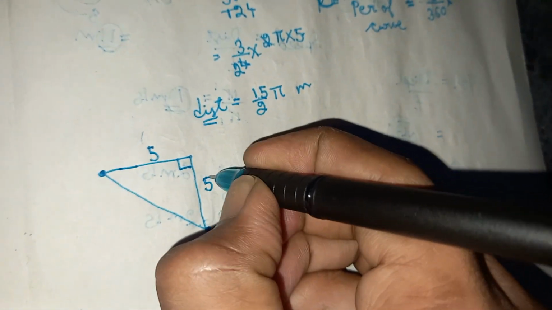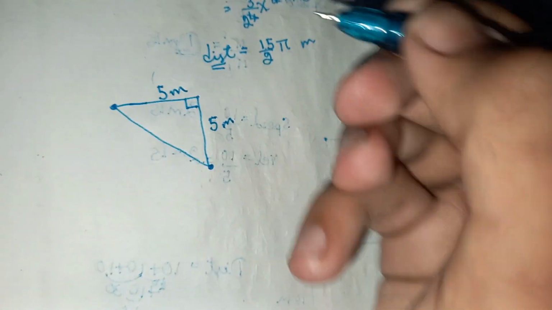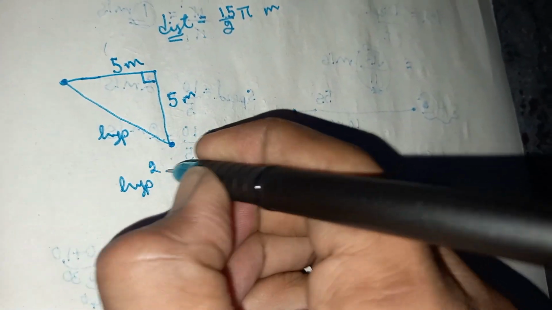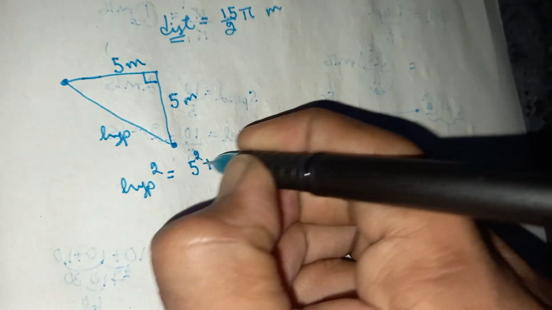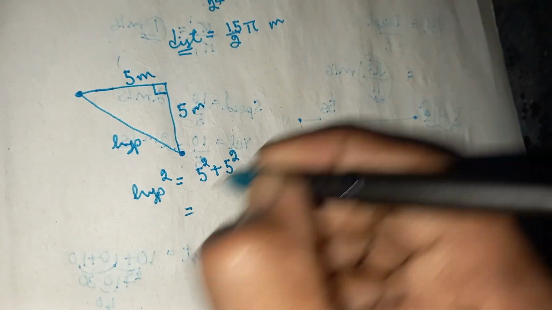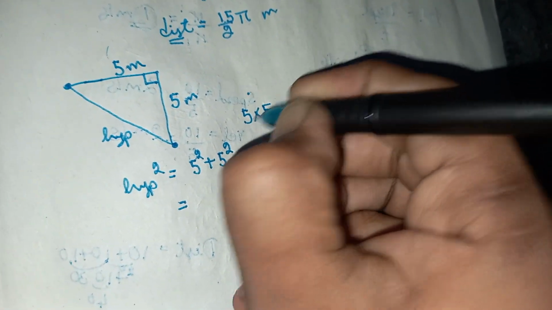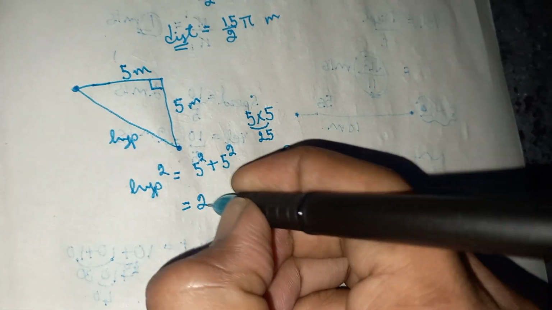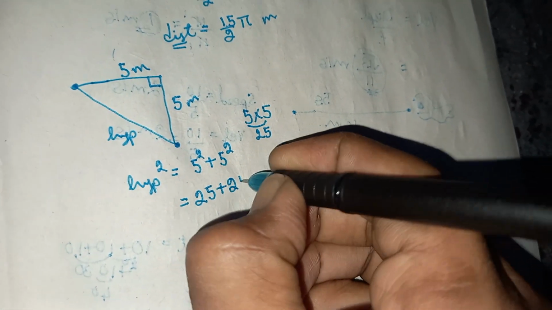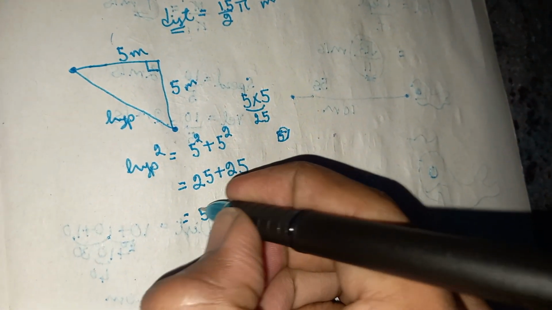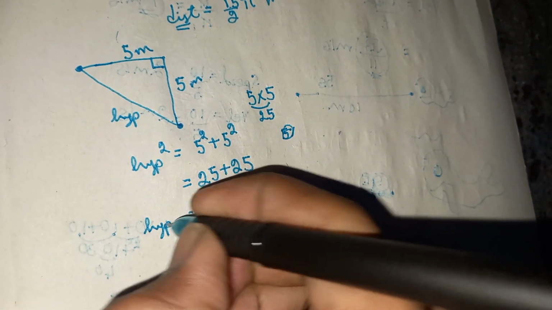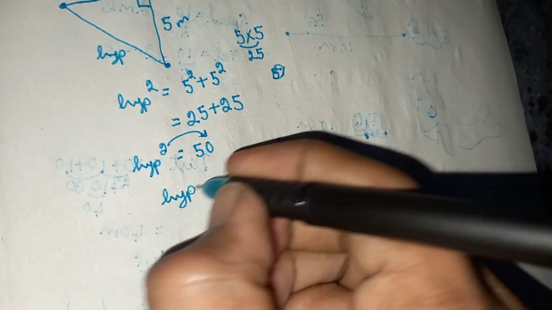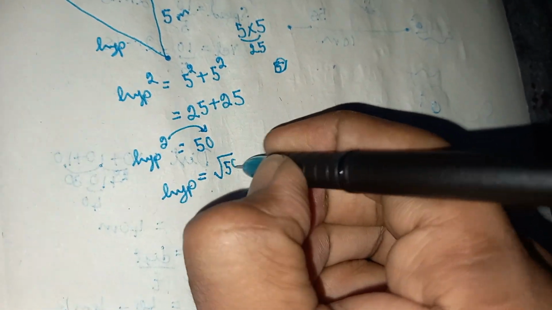Here also 5 meters, here also 5 meters. So hypotenuse square is equal to 5 square plus 5 square. 5 times 5 is 25, and again 5 times 5 is also 25. 25 plus 25 is 50, equal to hypotenuse square.